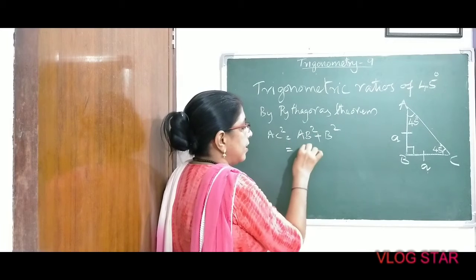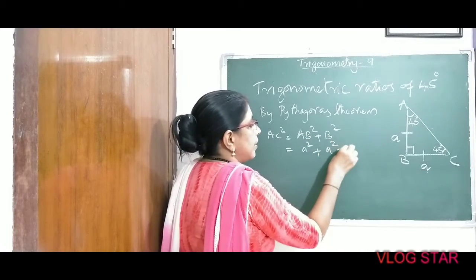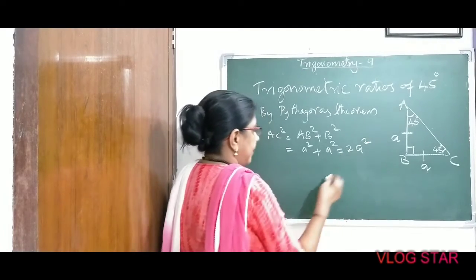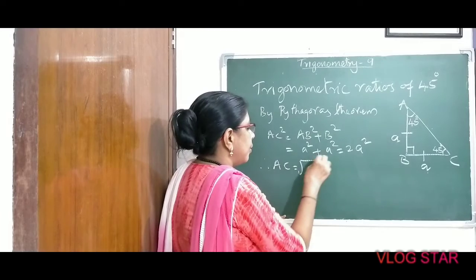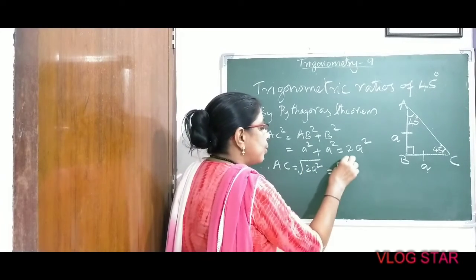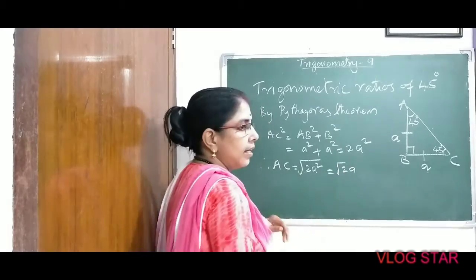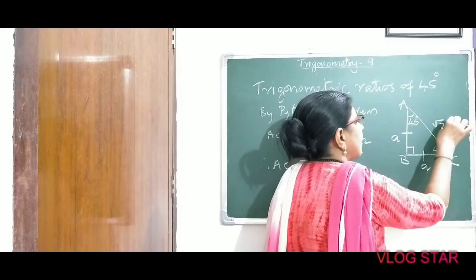That is A square plus A square. Therefore it is equal to 2A square. Therefore AC is equal to square root of 2A square. Therefore it is root 2 A. Therefore we get the length of the hypotenuse, that is root 2 A.